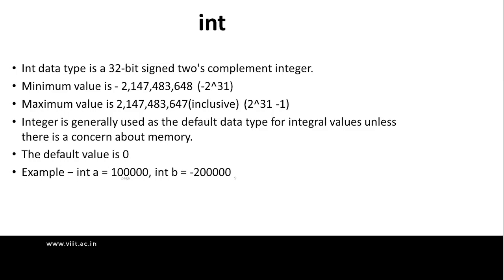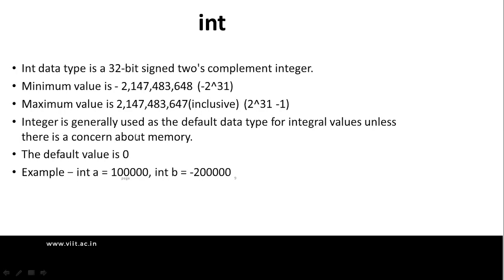Do the calculation and fix the range. If you calculate 2 raised to 31, this will be 2147483648. Similarly for positive numbers, do this, and since the range starts from 0, you subtract 1. This is the minimum range, this is the maximum range.